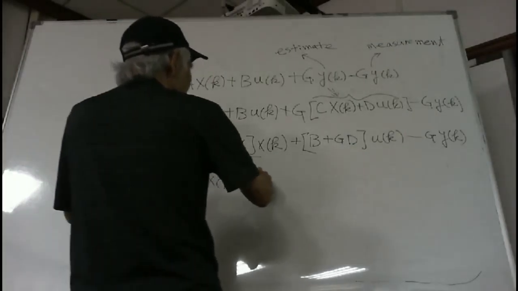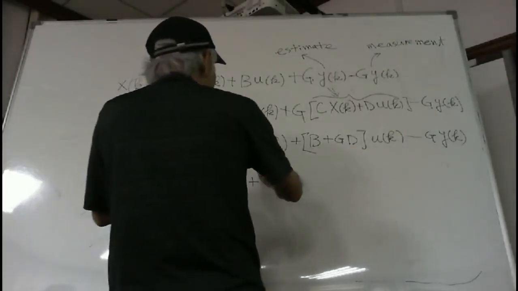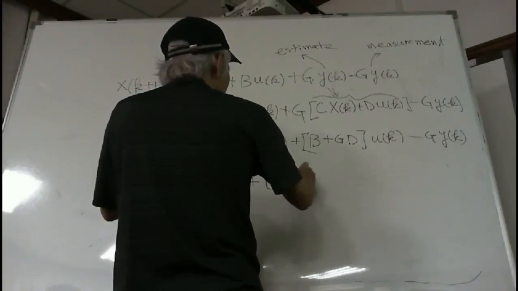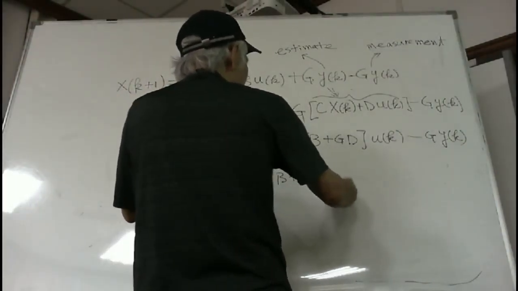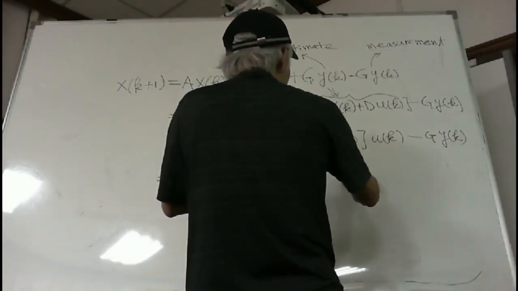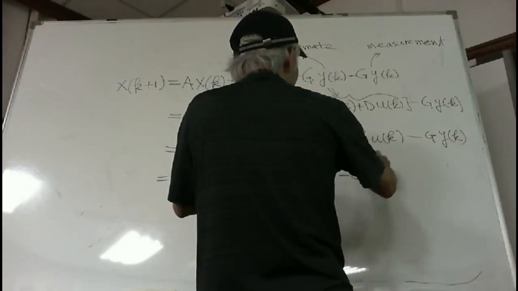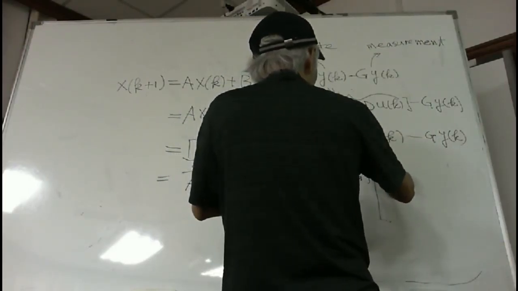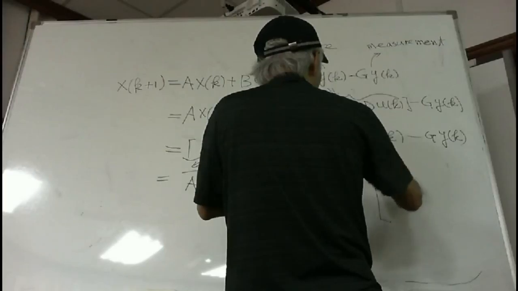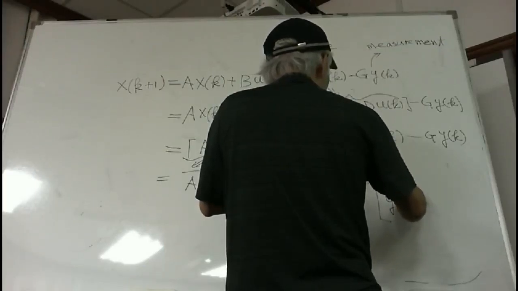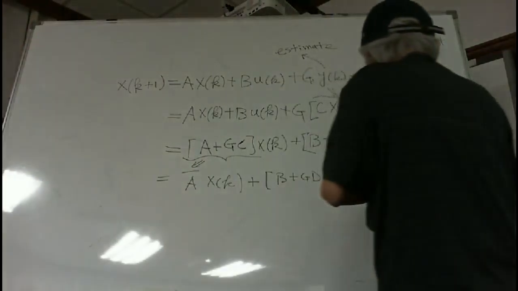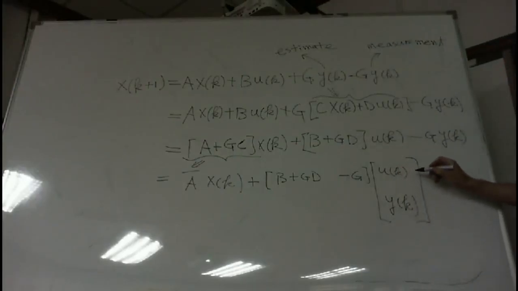Then I can write the other term in terms of B plus GD, and then minus G, and then I have the uk and yk here. All right, and both uk and yk are from measurement.